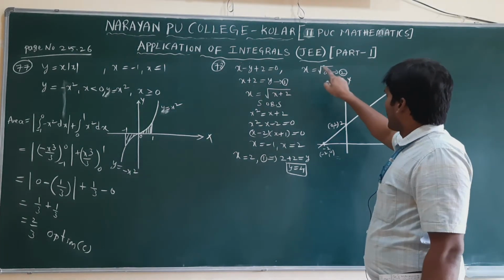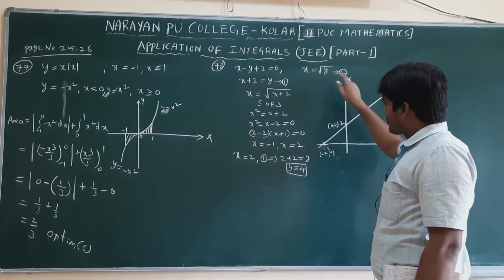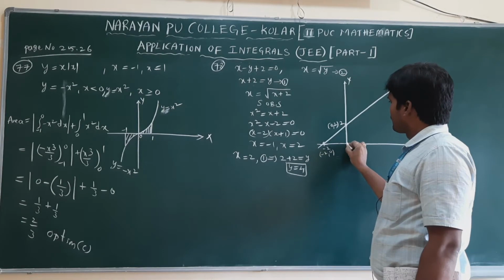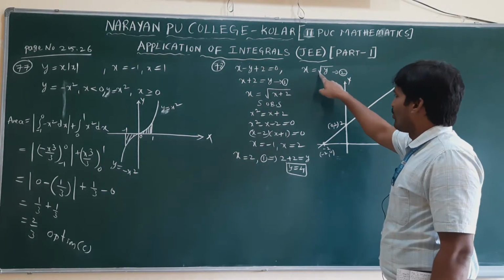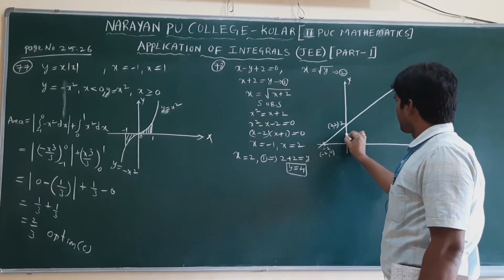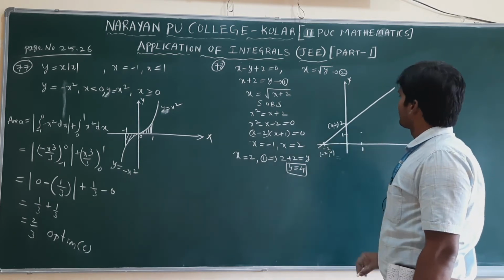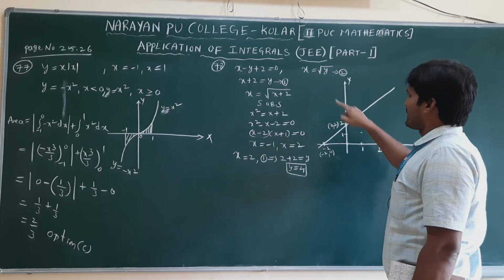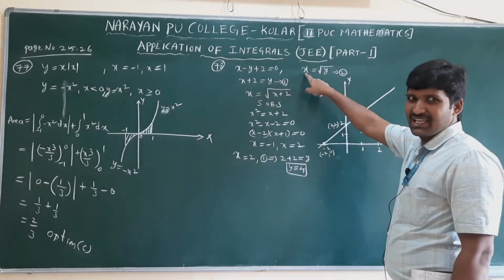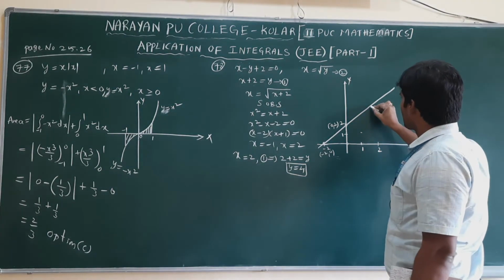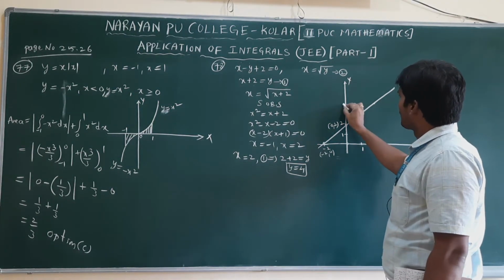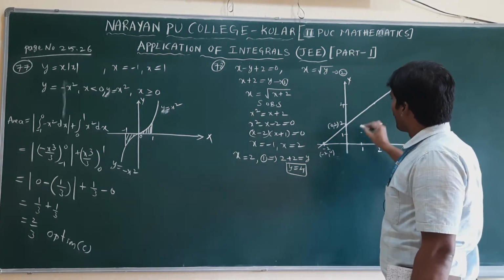Now take x value 0, y also 0 we will get. Next take x value 1, y also 1 we will get. Take x value 2, x equal to 2 means 2 equal to root y, so y equal to 2 square, 4. That's why somewhere you will get here. Here 4 means here we will get the point.